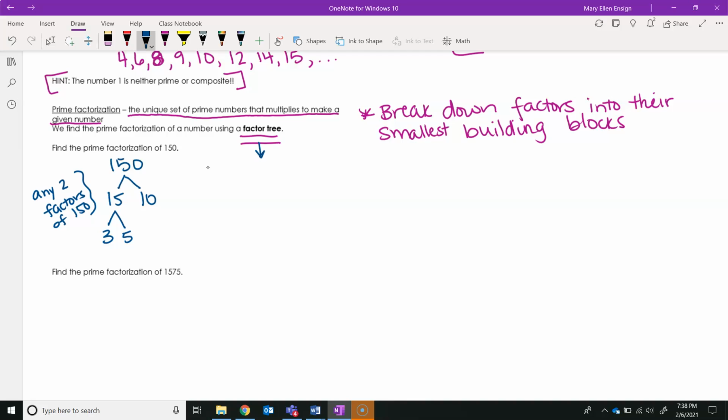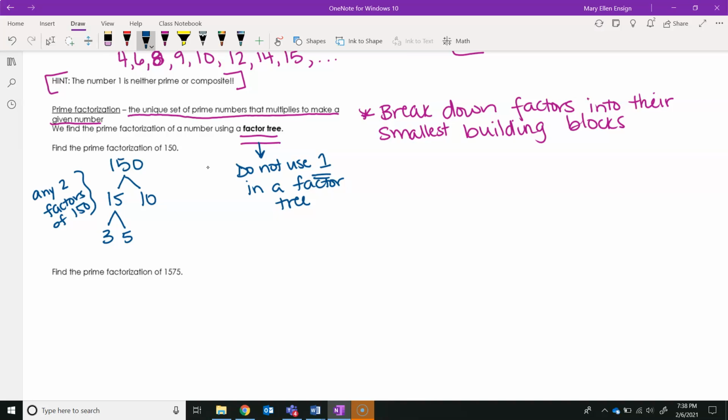So one rule about a factor tree is that we cannot use 1, okay, ever in a factor tree. So when we go to break something down, we can only break it down if it is composite, right? So if it has a way to be broken down other than just 1 times itself. So now I go to 3, and I want to break down 3, if I can.